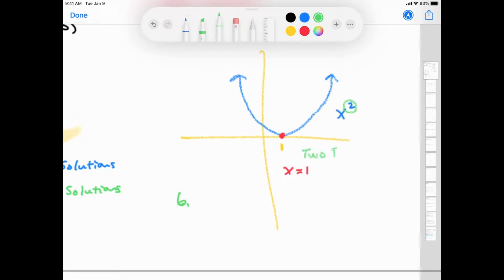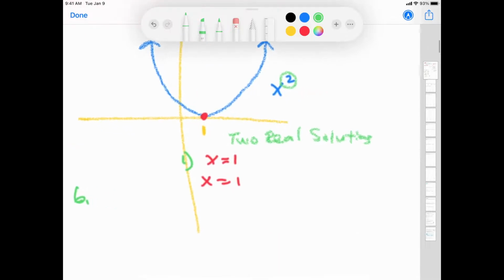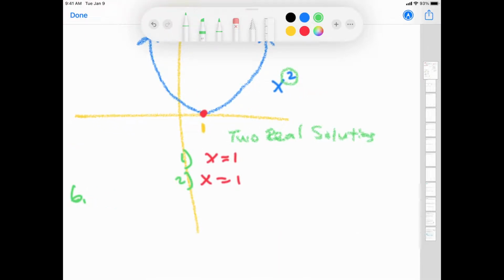In this case we have 2 real solutions, but it only touches the graph once. But basically there's my 2 answers. I don't know if that makes sense. This is my first answer, x equals 1, and my second answer is also x equals 1.